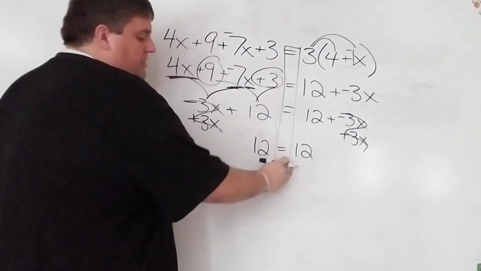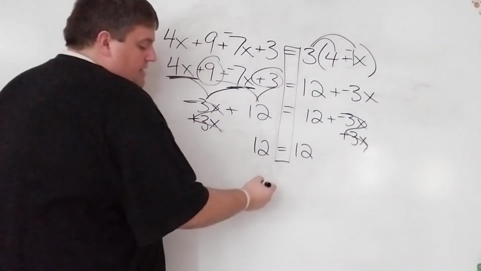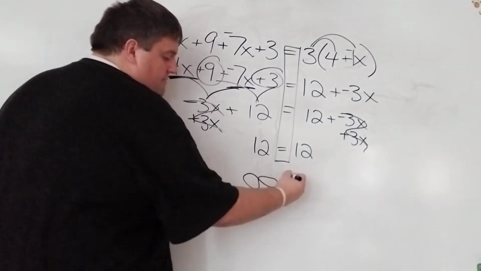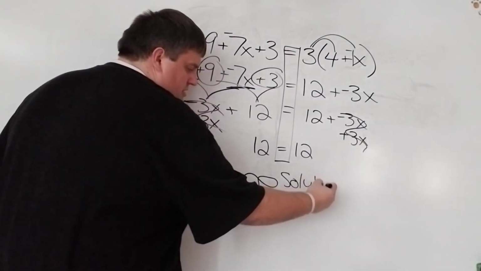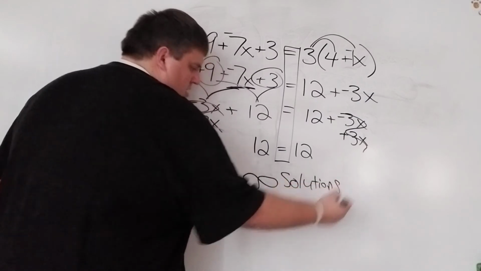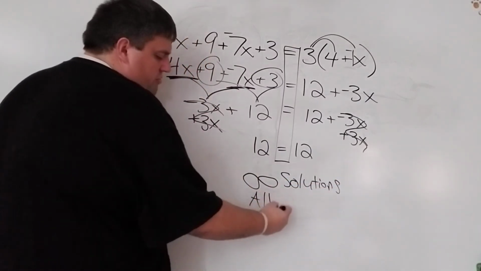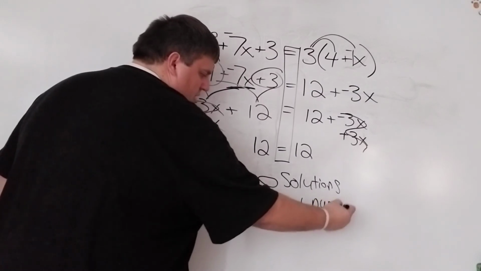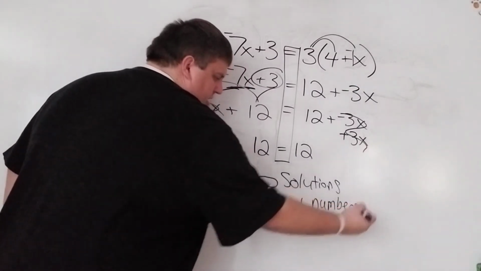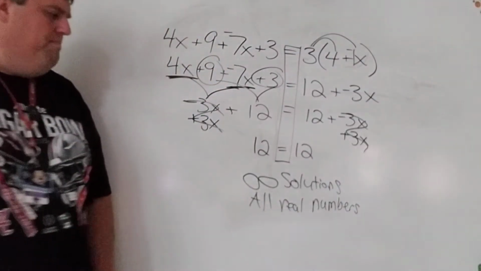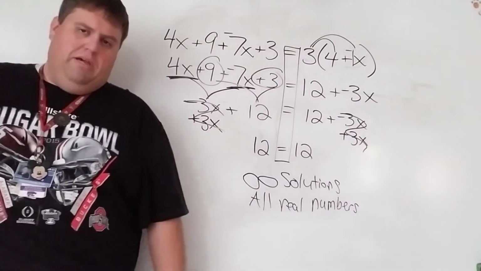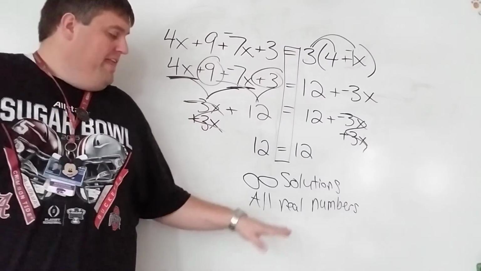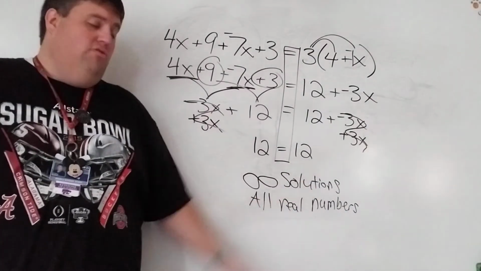So if I'm left with a true statement, then my answer, my special case, is infinite solutions, or all real numbers. You can write either one. Depending on the level of math you're in, they'll both be correct. The answer is not infinity, so don't get confused by that. This just means infinite solutions.